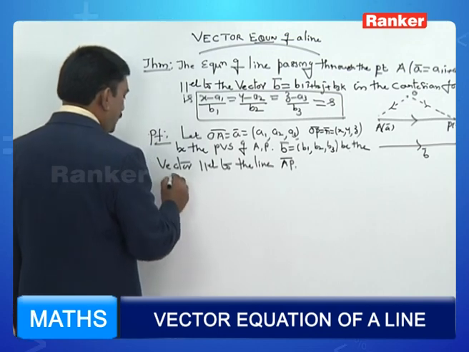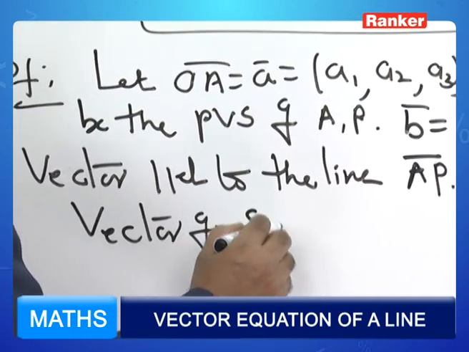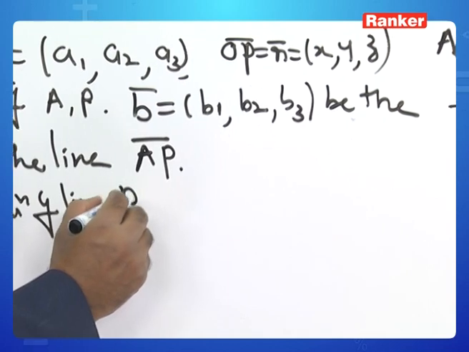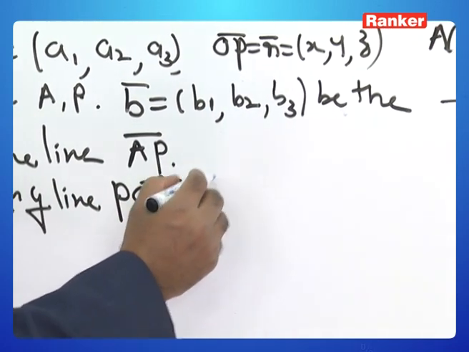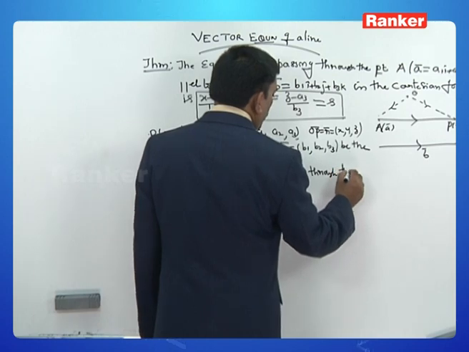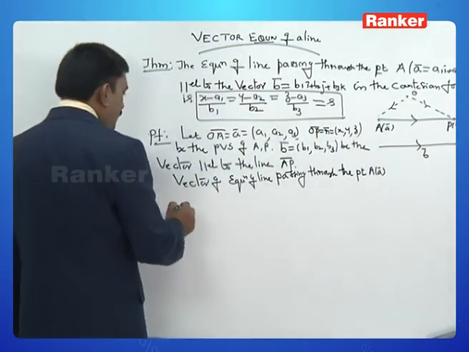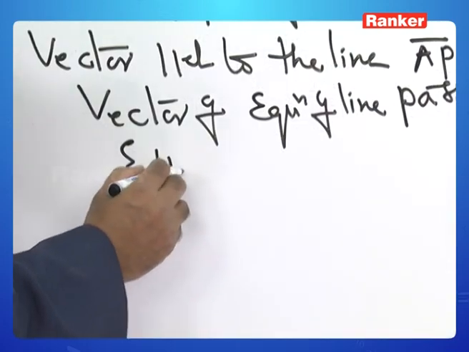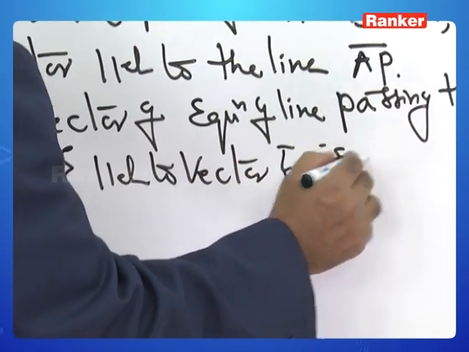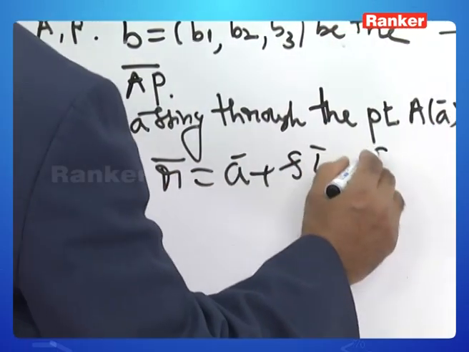Now we know that the vector equation of line passing through the point A of A bar and parallel to vector B bar is R bar is equal to A bar plus SB bar, where S is any scalar.